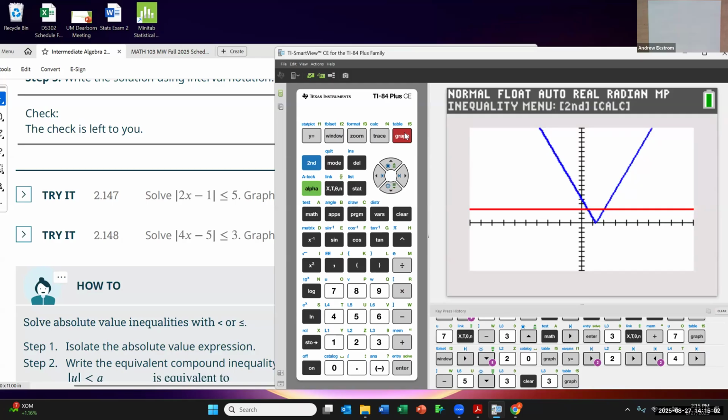Now I can graph that, and I can look at this graph. I can get an idea that around, say, 2, maybe at a half, this blue line is below the red line. That's all I'm looking for. But you have to use the right equation.